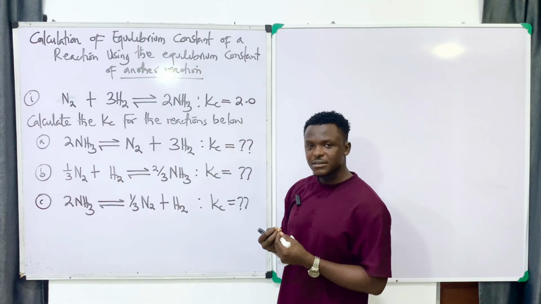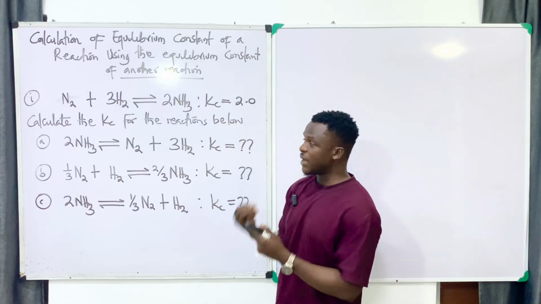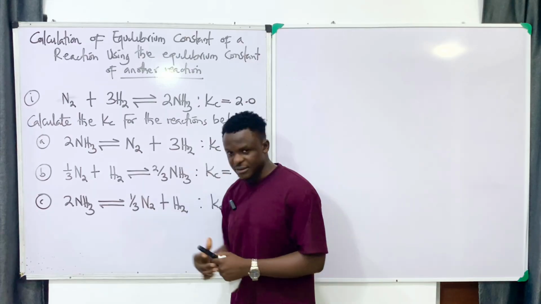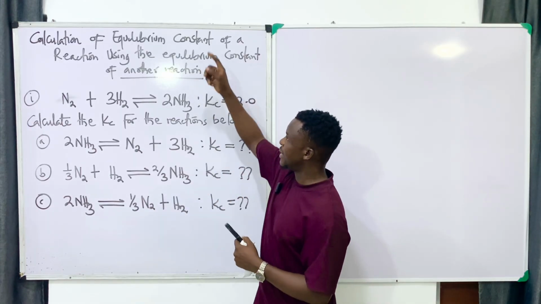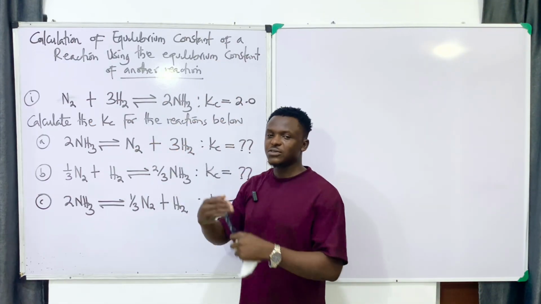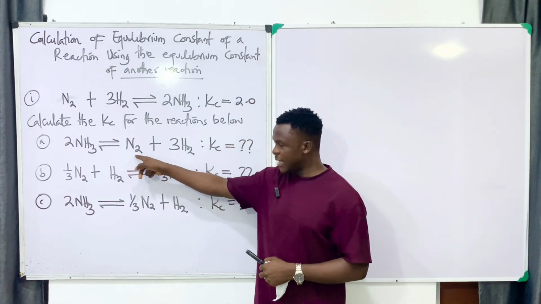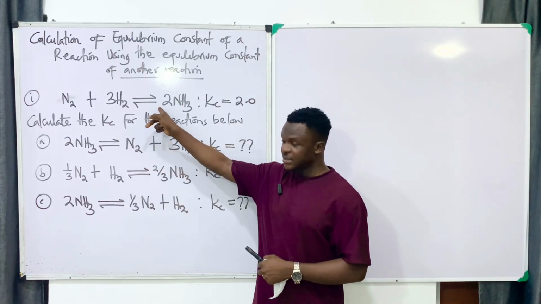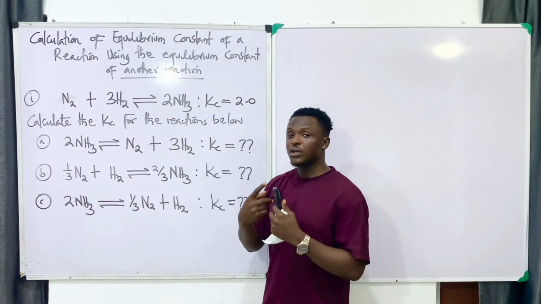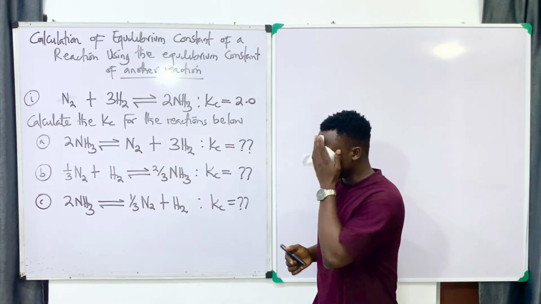Then I'm asked to use this reaction and its equilibrium constant to find the equilibrium constants of A, B and C. We are going to solve for A using that of this, for B using that of this, and for C using that of this. Okay, so let's start with the first one.